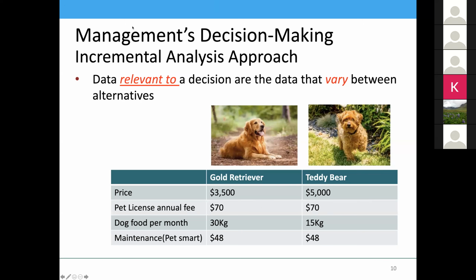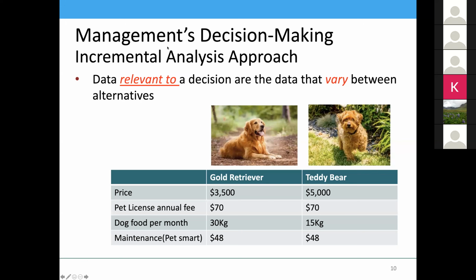The relevant ones would be price and dog food per month, and the other two wouldn't be relevant. Because for price, there's a difference of 1,500, and for dog food there's a difference, but for the other two there's no difference. So they're not relevant. Yeah, very good.